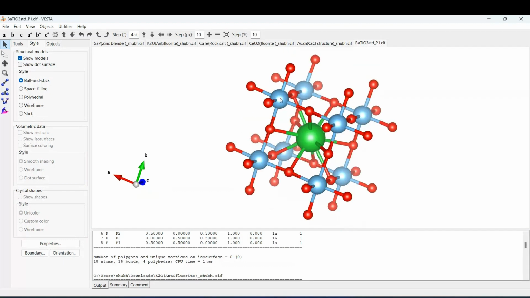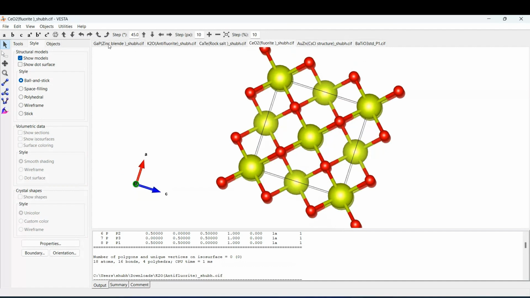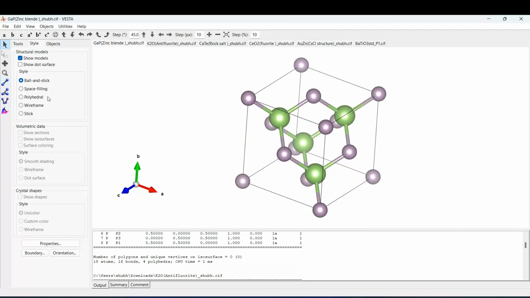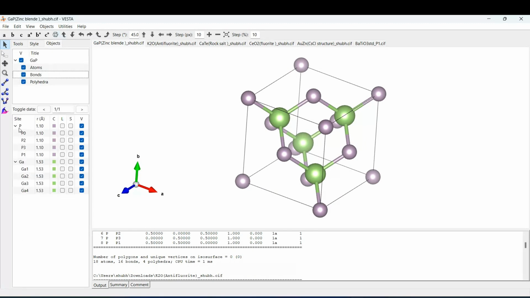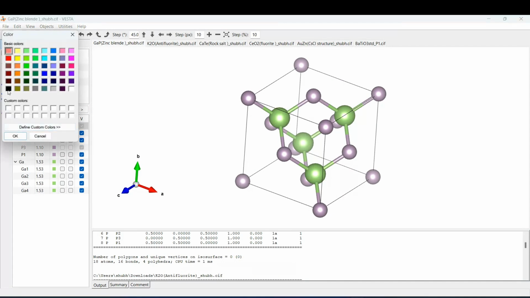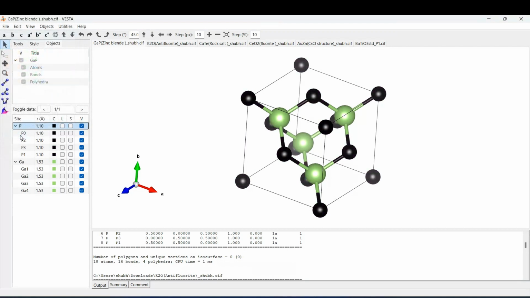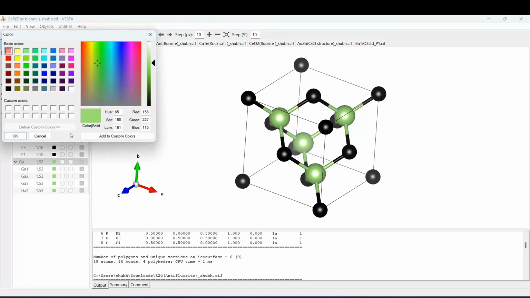And now the BaTiO3 structure. We are provided the BaTiO3 structure. We can change the parameters, the colors, the sizes here also. We can change the phosphorus color to black and gallium to gray.